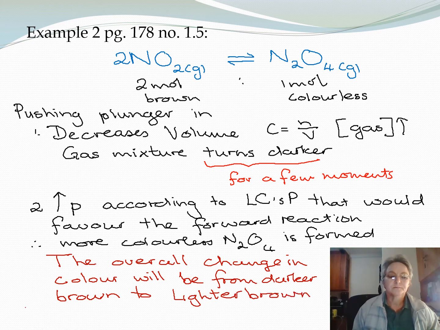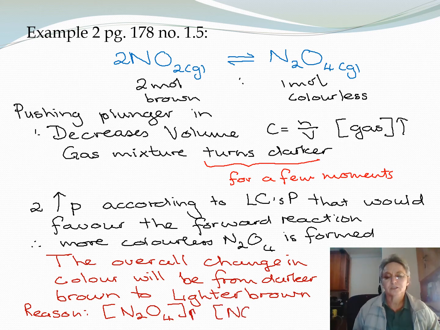The reason is the concentration of dinitrogen tetraoxide is increased and the concentration of nitrogen dioxide will be decreased. So the equilibrium shifts to the right.